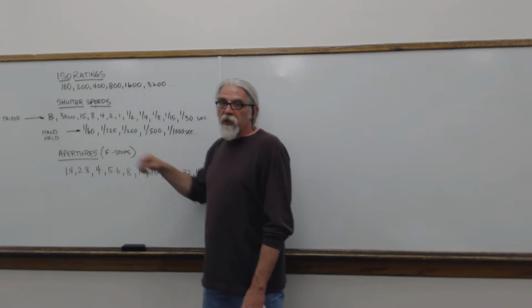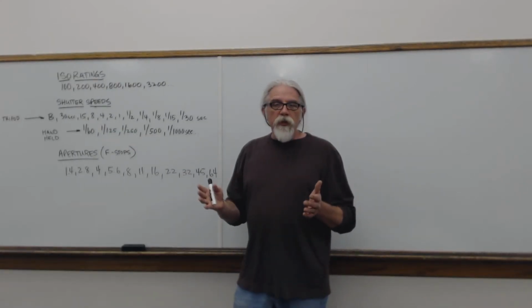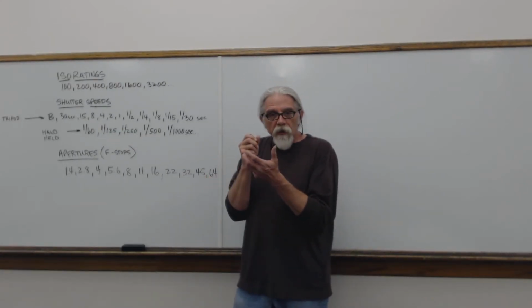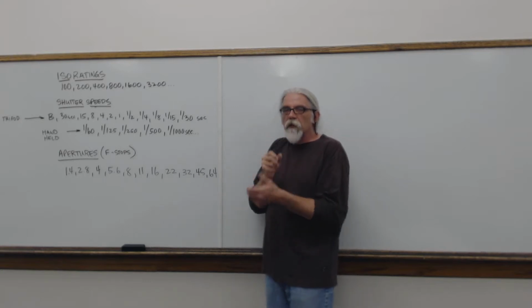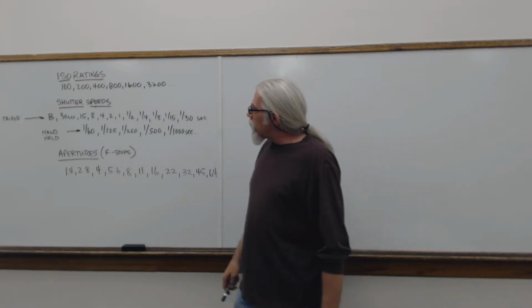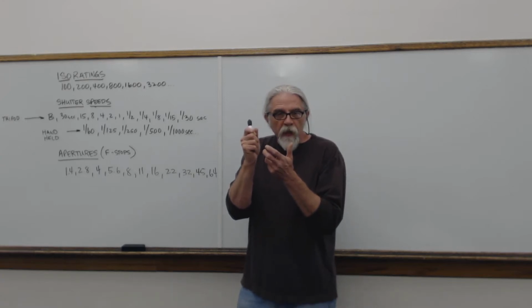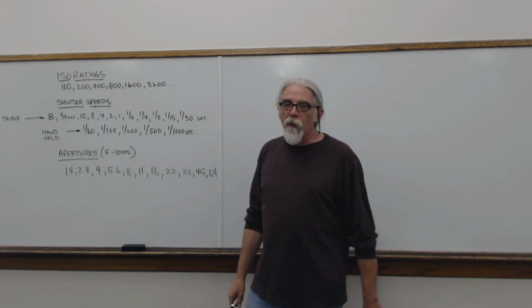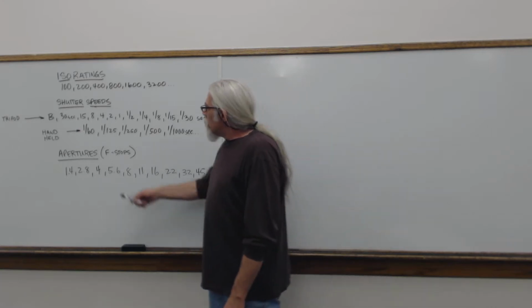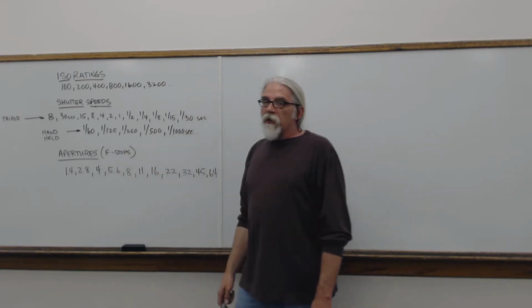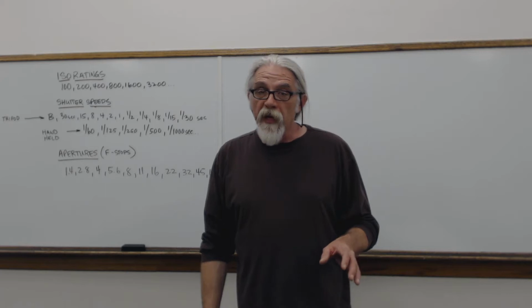These are our handheld settings, and sometimes we can shoot at a 30th of a second if we brace ourselves against the wall. But typically, our hand movements at a 30th of a second create shake in the camera and blur our image. This also depends upon the size of the lens we have on there.